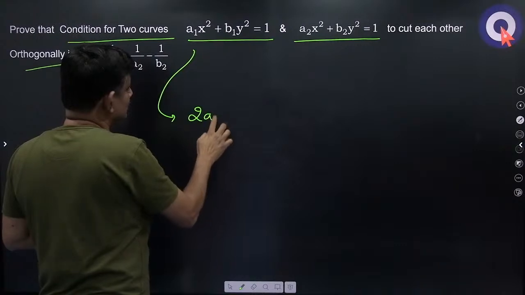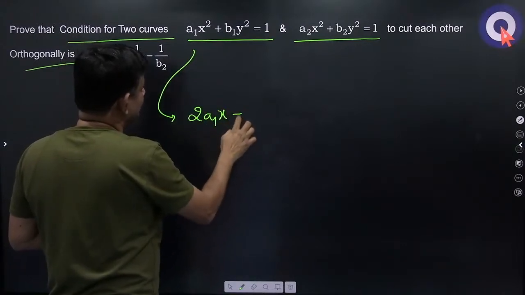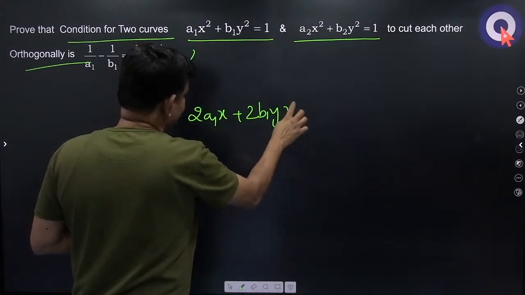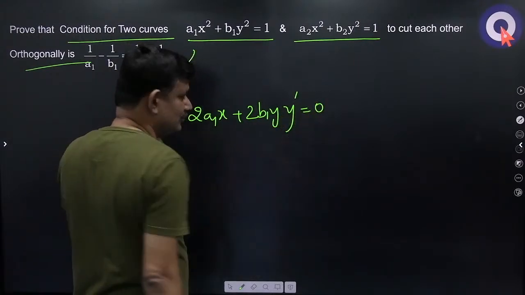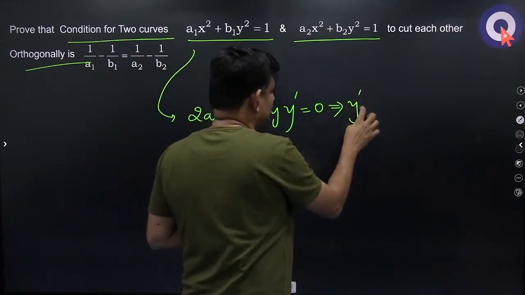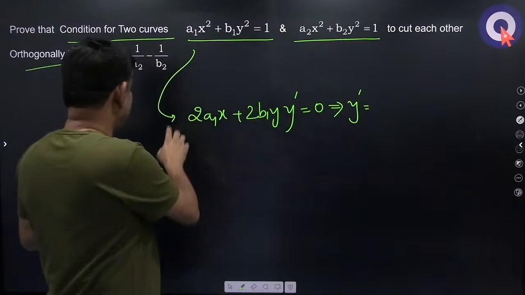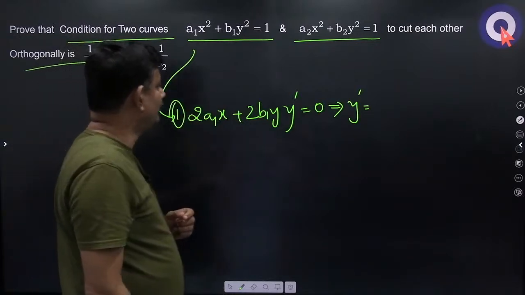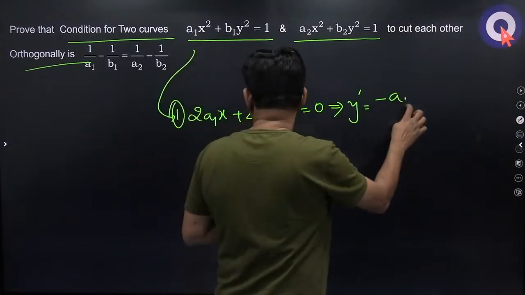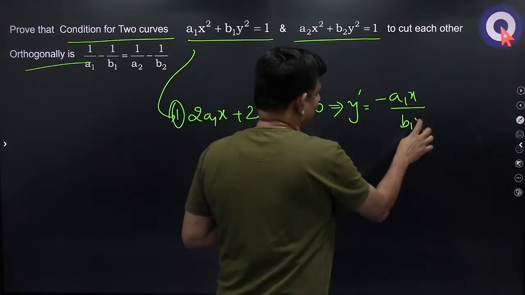Nothing noteworthy here. 2a1x plus 2b1y y dash is equal to 0. So what is the slope of tangent for the first curve? Y dash will be equal to, 2 gets cancelled throughout, minus a1x by b1y.